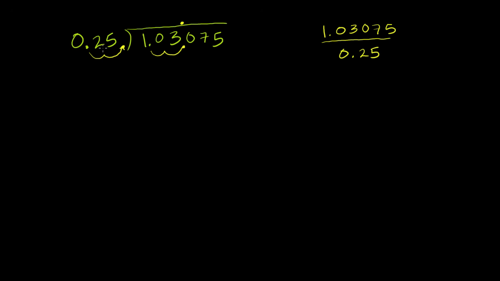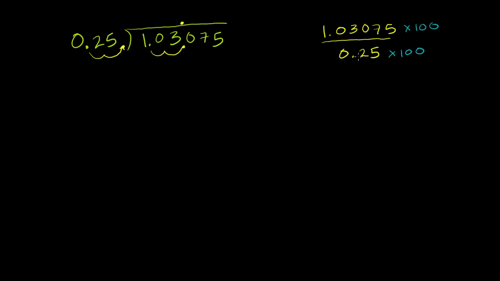And so we're multiplying the 0.25 by 10 twice. We're essentially multiplying it by 100 in the denominator. This is the divisor. So we also have to do the same thing to the numerator if we don't want to change this expression, if we don't want to change the number. So we also have to multiply that by 100.